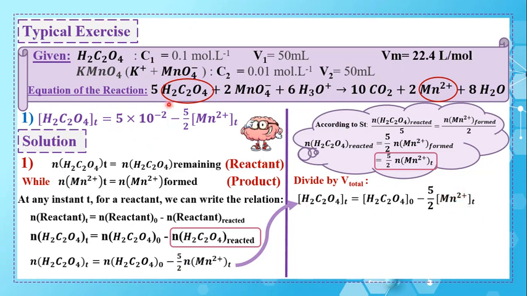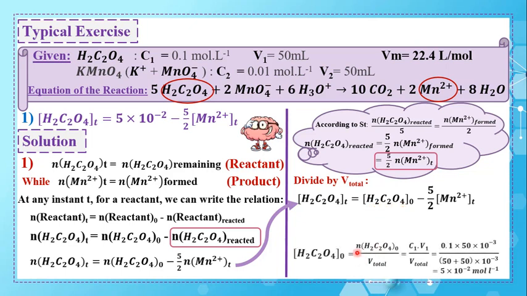Now, we still have to get this value. The initial concentration of H2C2O4 is equal to the initial number of mole over V total. We have seen this before. So it is equal to C1 times V1 over V total, equal to 0.1 times 50 times 10 to the power minus 3.